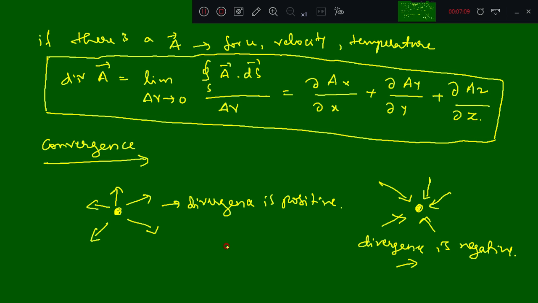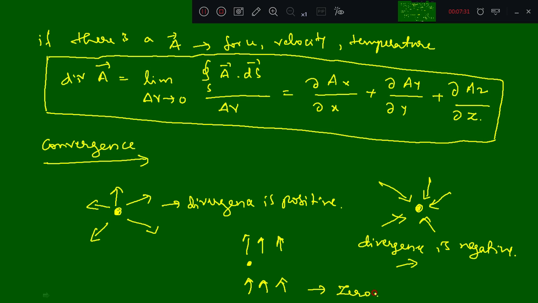If both the values are equal, the value becomes 0. Okay, this is the physical meaning of the divergence.